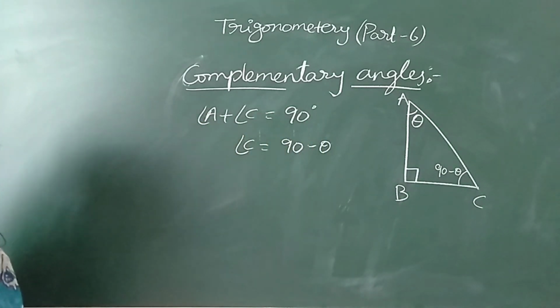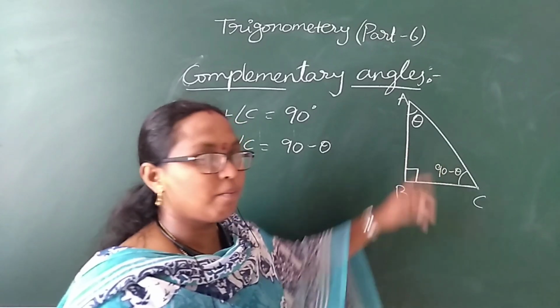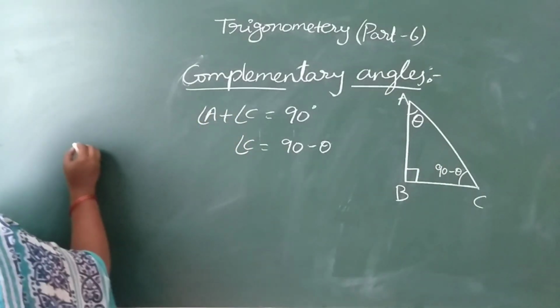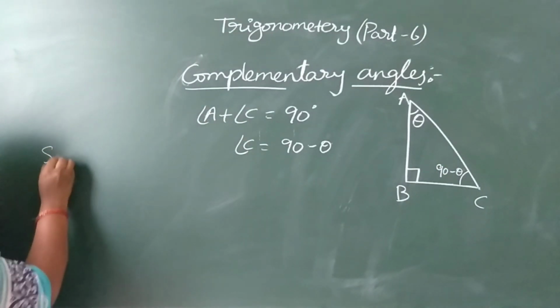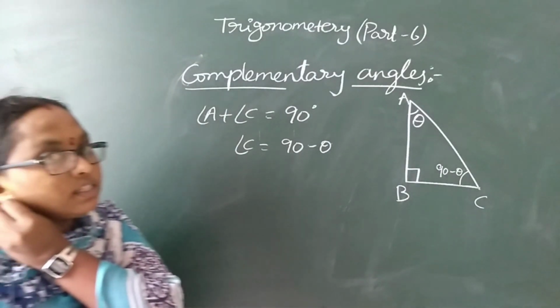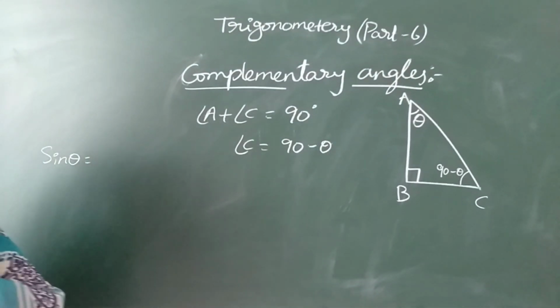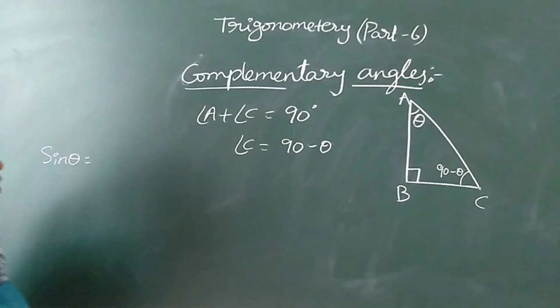Now let us see how the ratios work with complementary angles. As we discussed in the starting classes, if you remember, the formulas opposite by hypotenuse for sine and so on, we have learned, no? That is what I am talking about now.